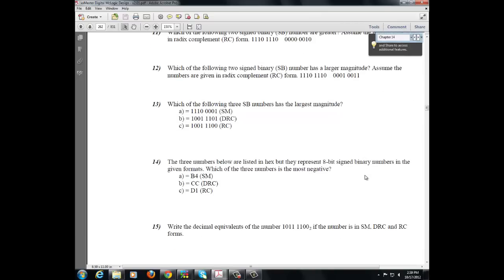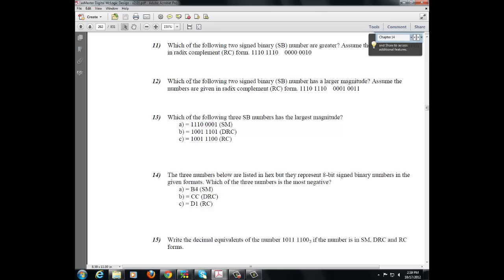Let's try this first one here, number 12. Which of the following two signed binary numbers has a larger magnitude? Assume the numbers are in Radix Complement form. Okay, so we've got 1, 1, 1, 0, 1, 1, 1, 0, and 0, 0, 0, 1, 0, 0, 1, 1.